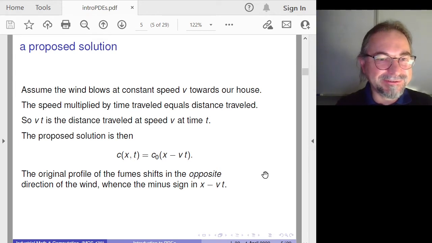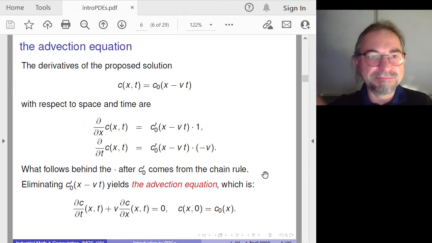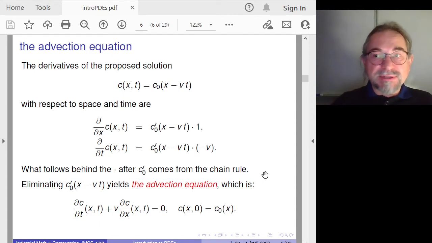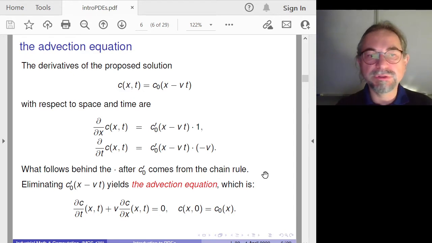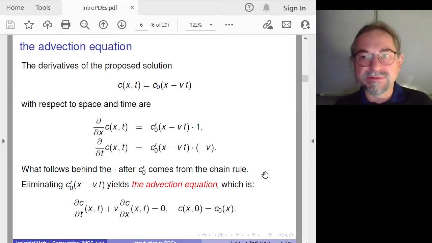What's now the equation? We start working backwards. Let's try to look at the derivatives with respect to the two independent variables. We take the derivative with respect to space and the derivative with respect to time. You see the minus v comes in there, as we apply the chain rule to our profile function, to the solution. This is the whole point of the differentiation and of the differential equation.